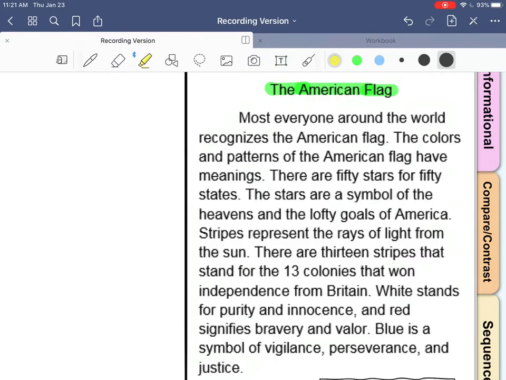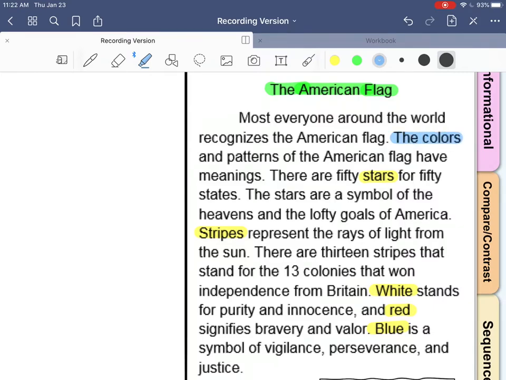So it tells me that we have stars, we have stripes, and then they start telling me about colors, white, red, and blue. So they're telling me about the symbols and the colors on this flag. The main idea is right here.